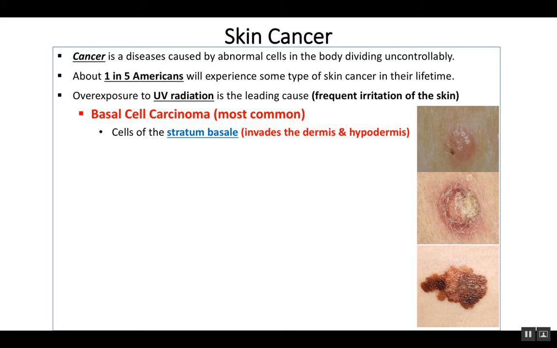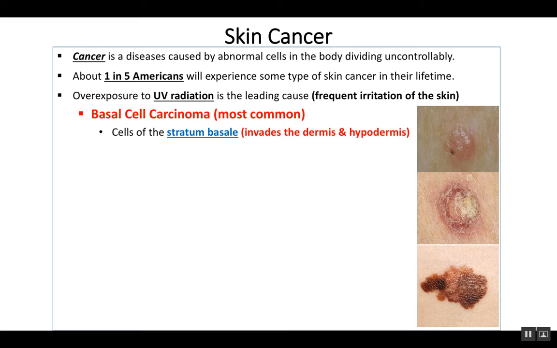So if you recall, the stratum basale is the deepest layer of the epidermis. These cells will then begin their abnormal cell division, and they can actually invade into the dermis and even the hypodermis. But what they don't do very often is metastasize.